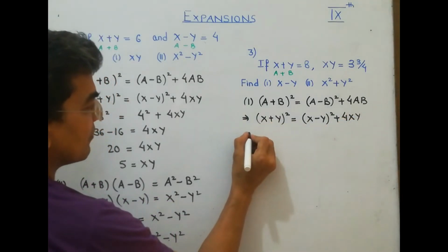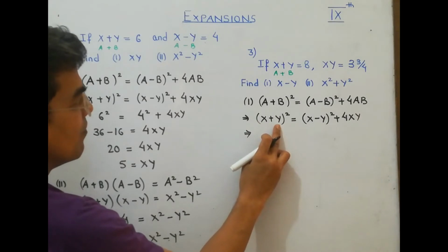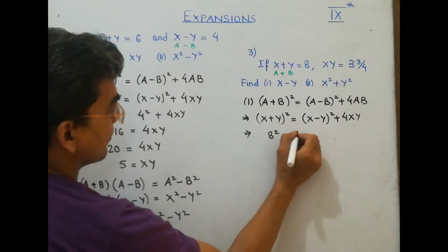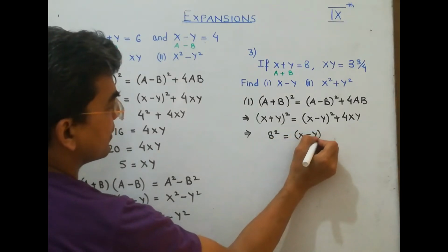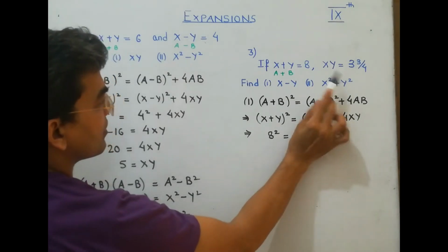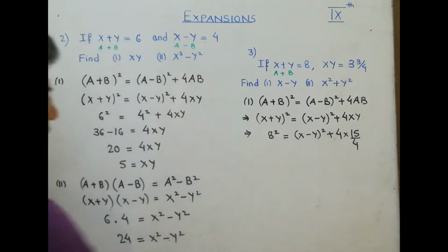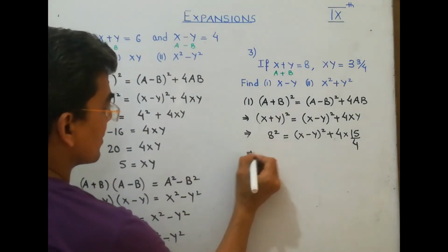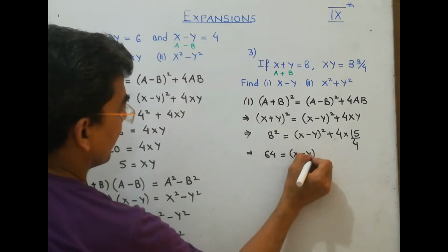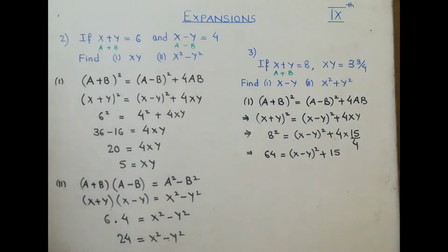Now let's substitute the values. x plus y here is 8, this is to be calculated, and xy is 15 upon 4. So this will give us 64 plus 15.